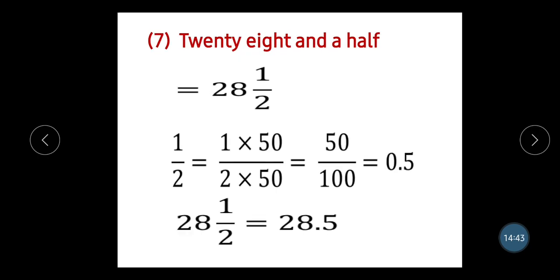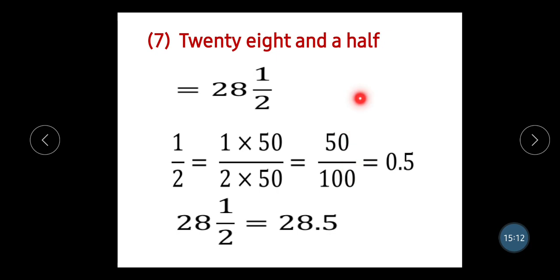The last sum of this problem set, 28.5. We will write 28 as it is. Half is written as 1/2. For 1/2 you can take the denominator as 100 or you can take it as 10, never mind. So I'm taking here as 100. So 1 upon 2 is equal to 1 into 50 upon 2 into 50, that is equal to 50 upon 100.